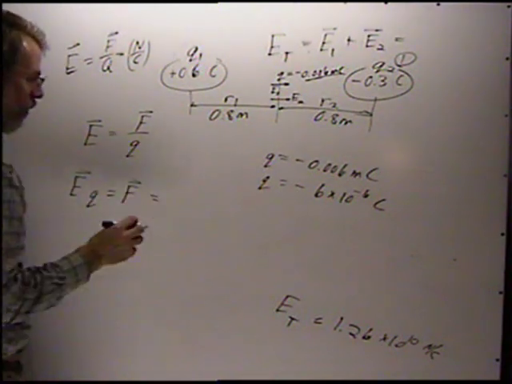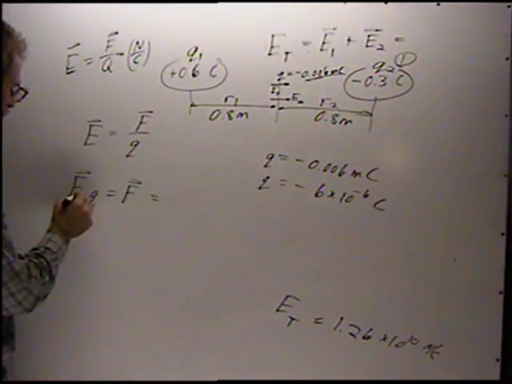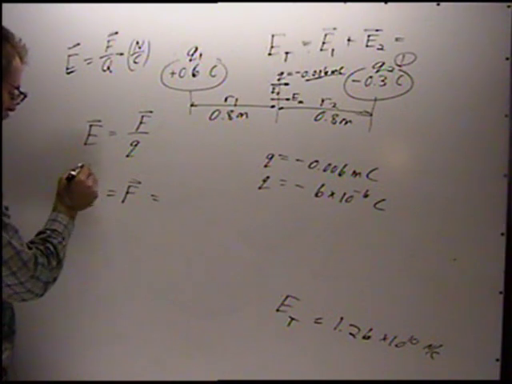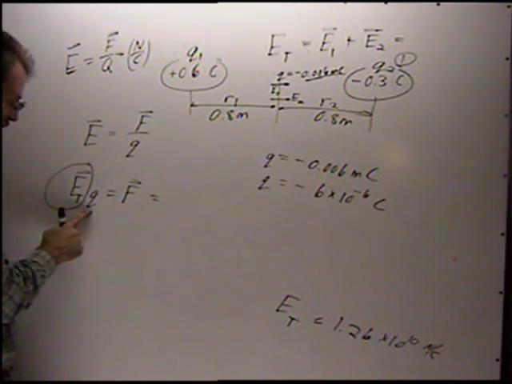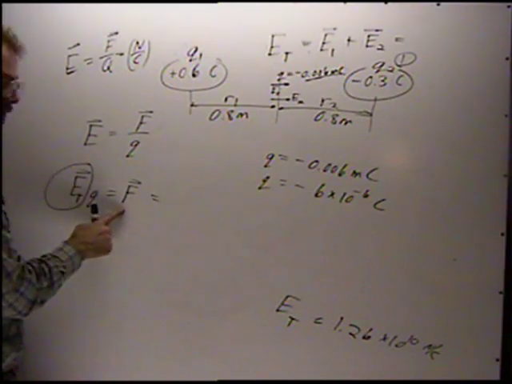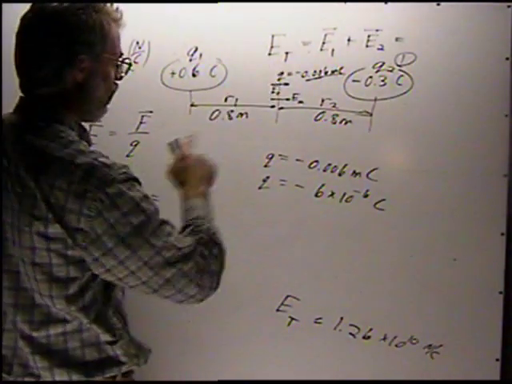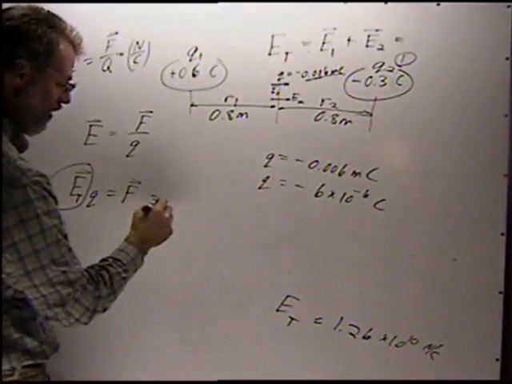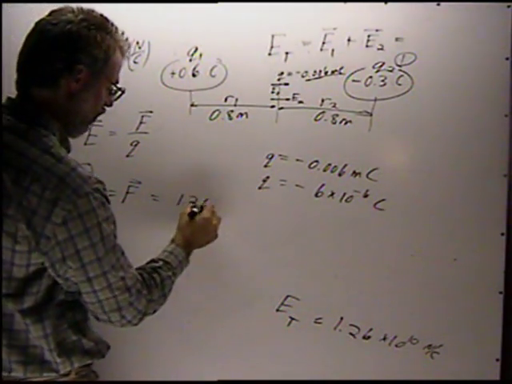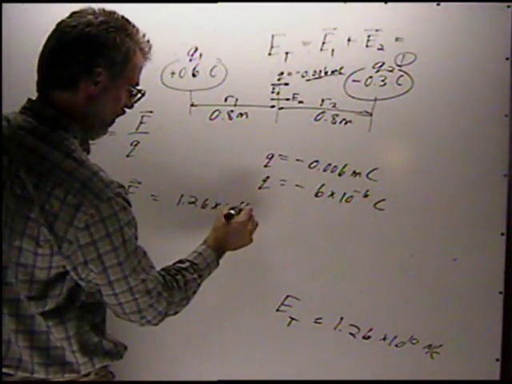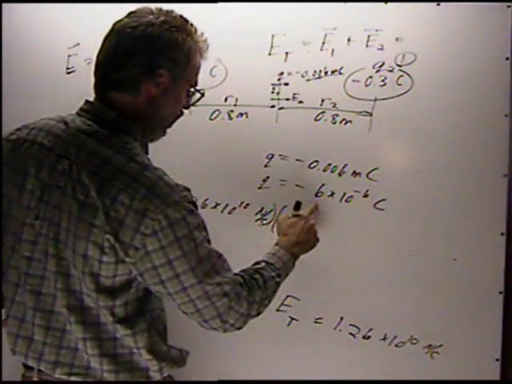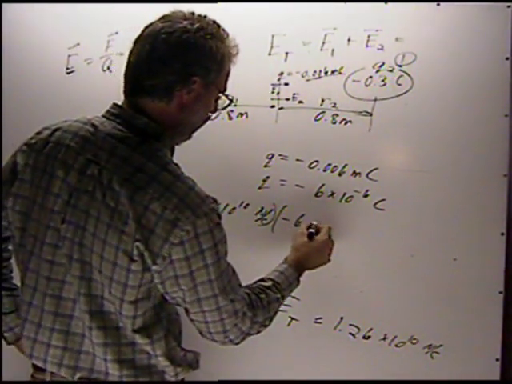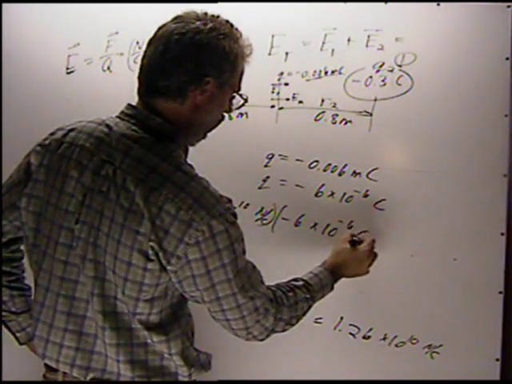So all we do, now we know what the electric field is. That's our net electric field. We multiply it by the charge, and we'll figure out what the force is on a charge placed right here. We simply take 1.26 times 10 to the 10th newtons per coulomb and multiply that by the charge, negative 6 times 10 to the minus 6 coulombs.